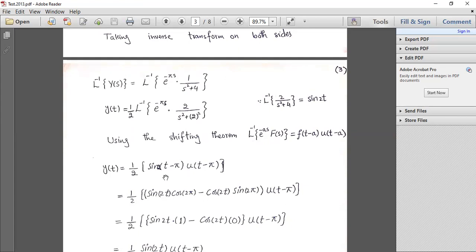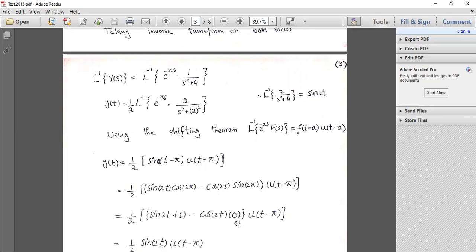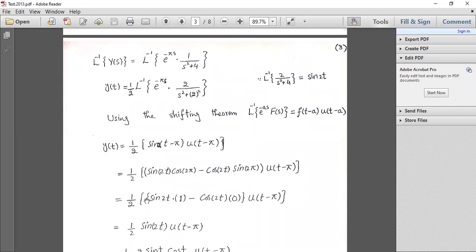Minus cos of 2t into sine of 2 pi, u of t minus pi will be the same. So now we know that the cos of 2 pi is 1 and the sine of 2 pi is 0. When we put these values, we get 1 over 2 sine 2t into 1 minus cos of 2t into 0 into u of t minus pi.